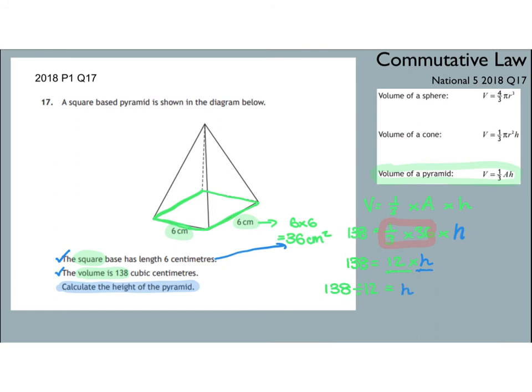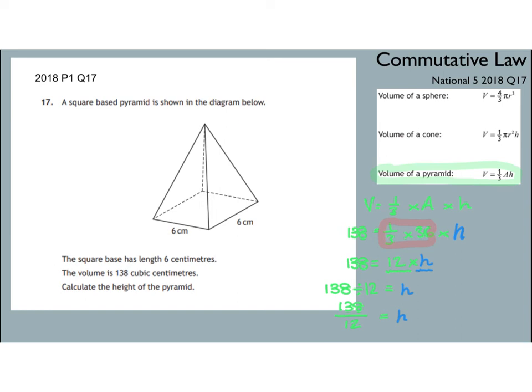So we need to work out 138 shared by 12. Now, some of you might well write it like that, which is absolutely fine. That's how we would expect you to write it if you're going to carry on to do higher. Just going to tidy up my slide a bit. Now there's lots of different ways where you could work out 138 divided by 12.